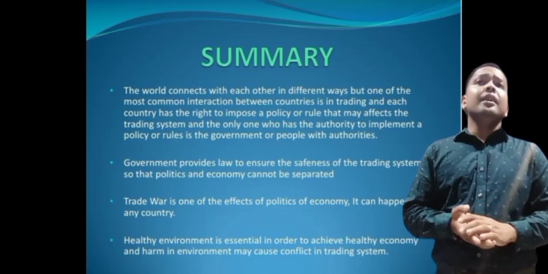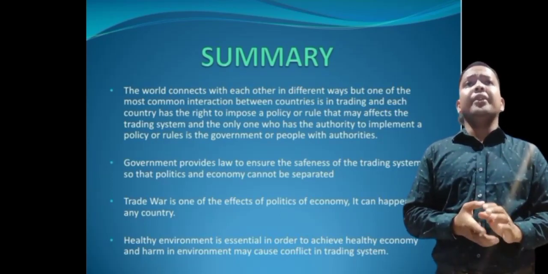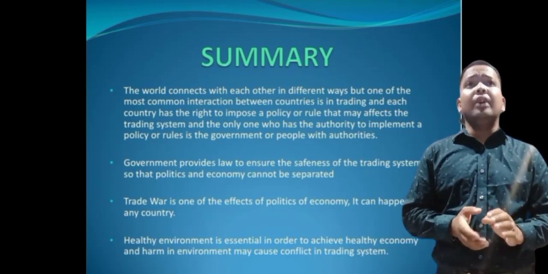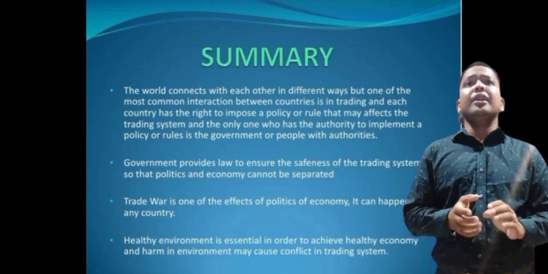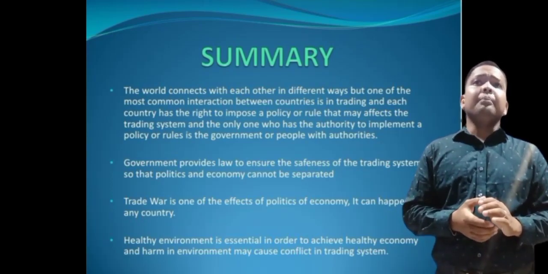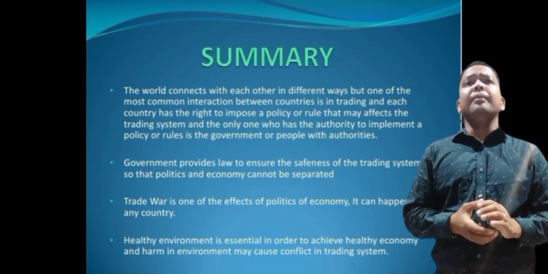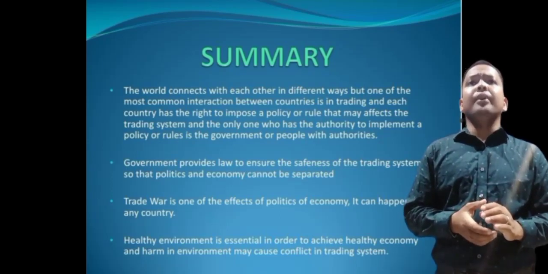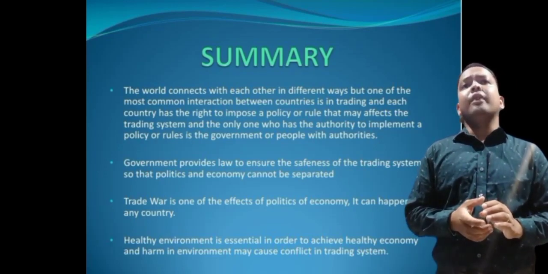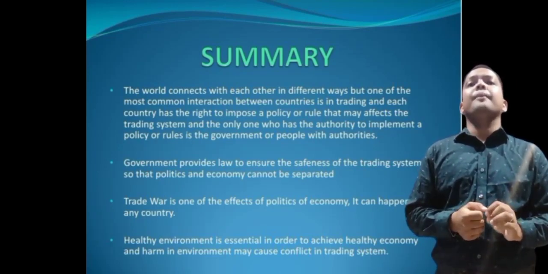Our summary is that the world connects with each other in different ways, but one of the most common interactions between countries is trading. Each country has the right to impose a policy or rule that may affect the trading system, and the only one who has the authority to implement a policy or rules is the government or people with authority.